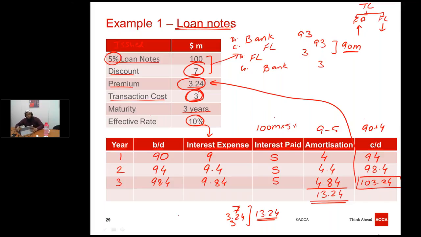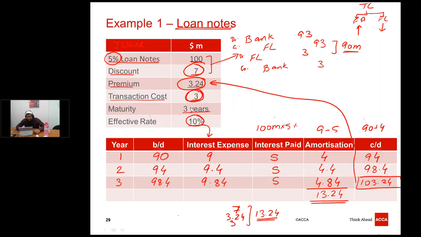So in this table, what we have actually done is amortized, split, this 13.24 into 3 years. The interest that we are paying is 5 in each of the years, and the amount that we have divided into 3 years is 4, 4.4 and 4.84. So we have got the total expense.